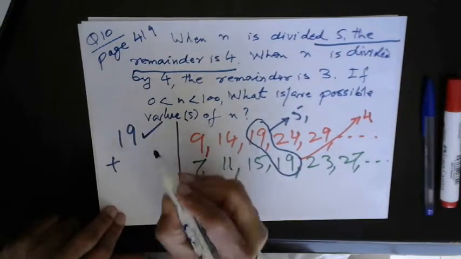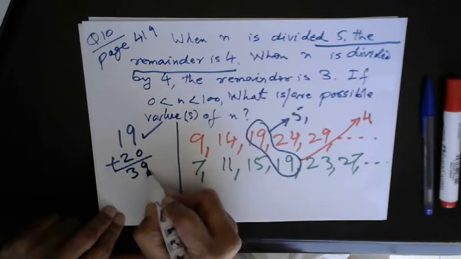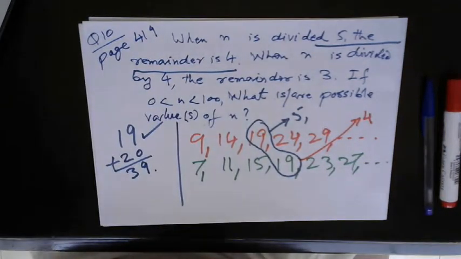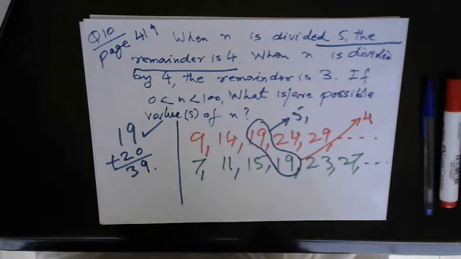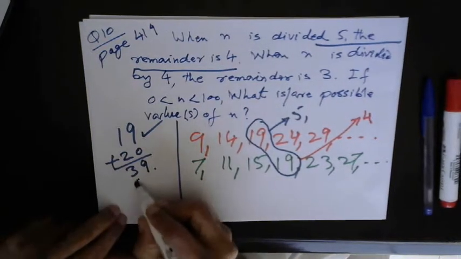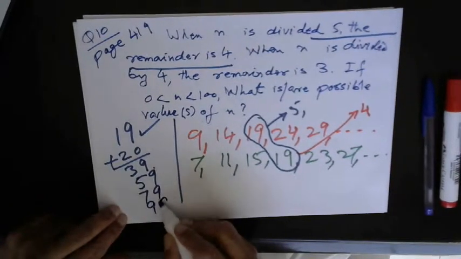So 19 has been checked. Let us add 20. We will get 39. You can quickly check: when 39 is divided by 5, the remainder is 4, and when 39 is divided by 4, the remainder is 3. You can also check 59, 79, and 99.